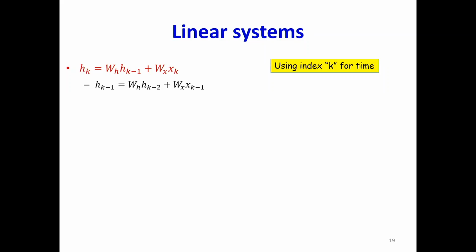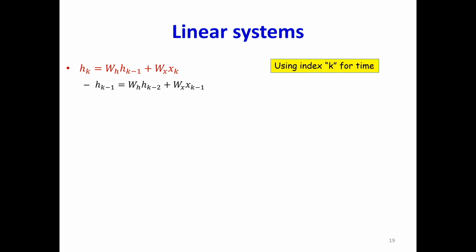But then I can write HT minus 1 equals WH HT minus 2 plus WX XT minus 1. So let me plug this in. If I plug that in, what do I get?